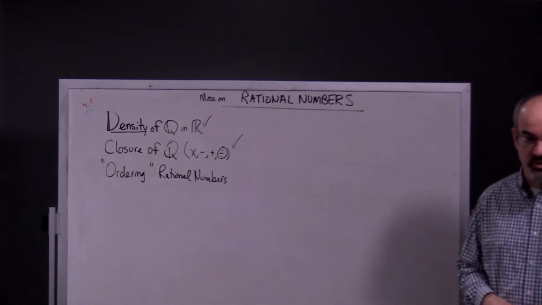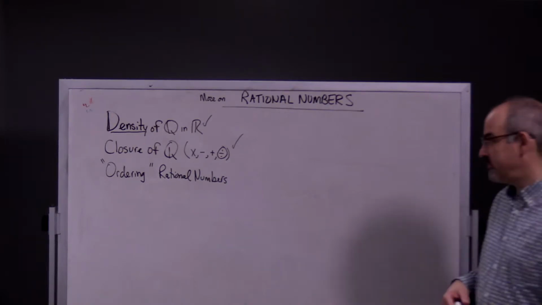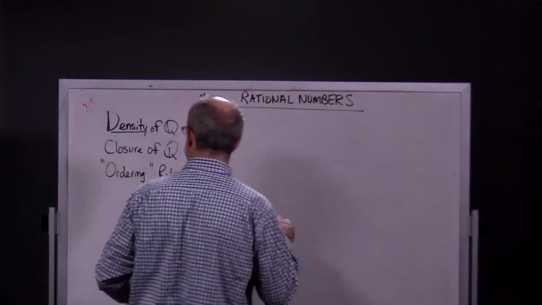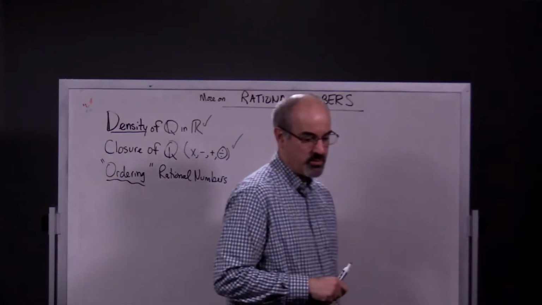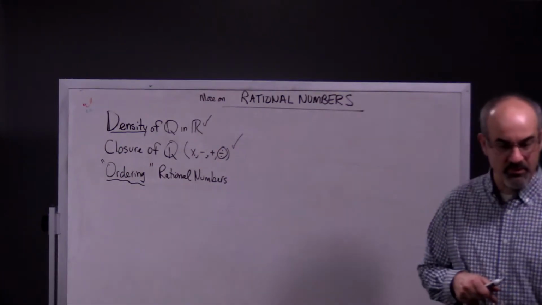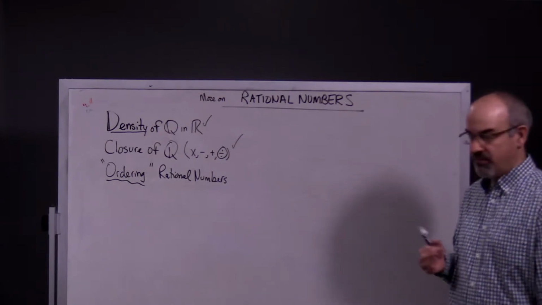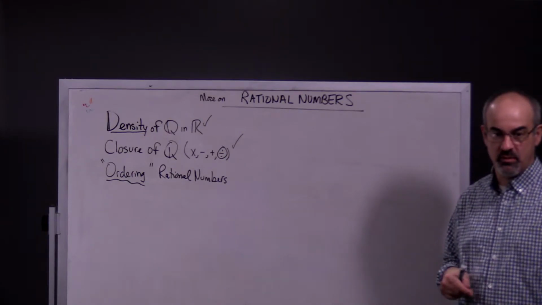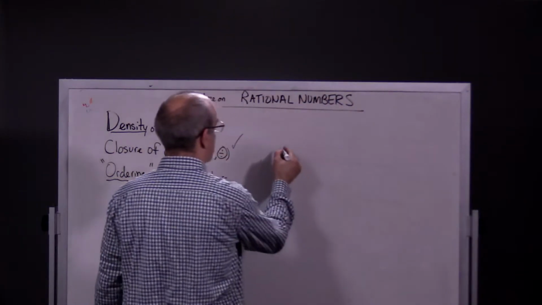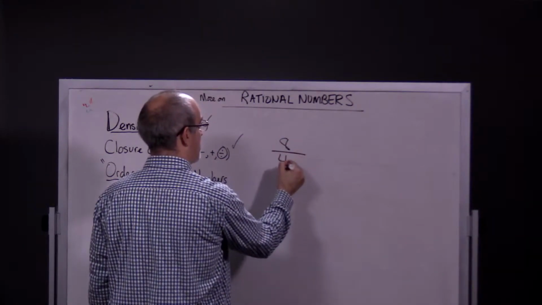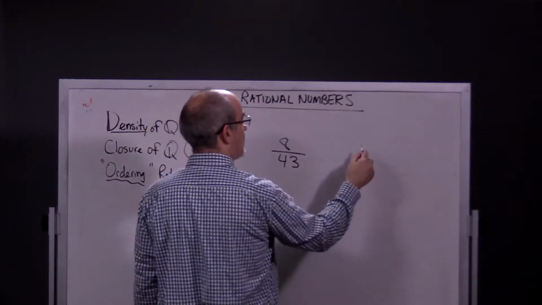Okay, so ordering rational numbers. Well, what I mean by ordering is if you have 2 rational numbers, how do you know which one's bigger? So, just for instance, I'm going to make up 2 rational numbers.